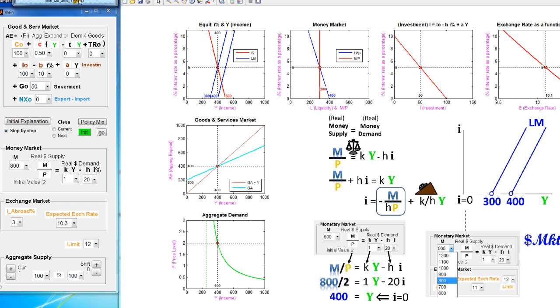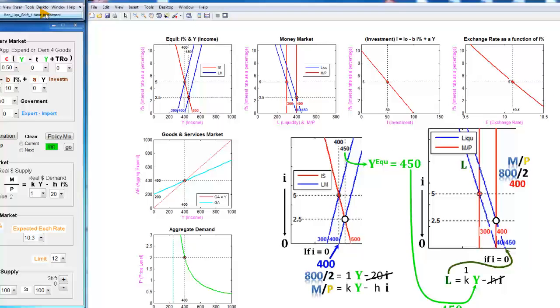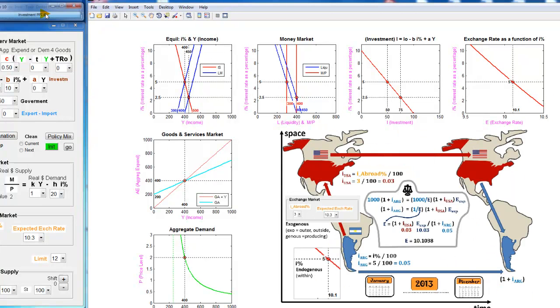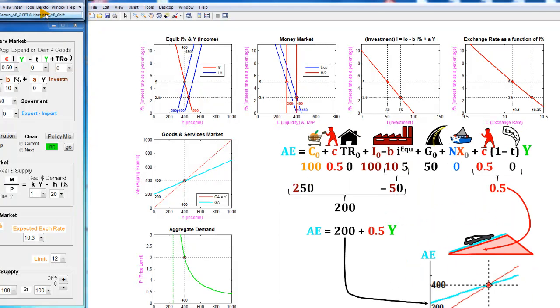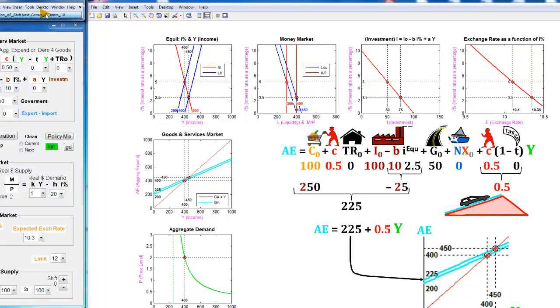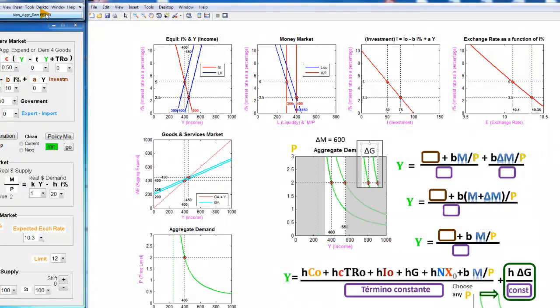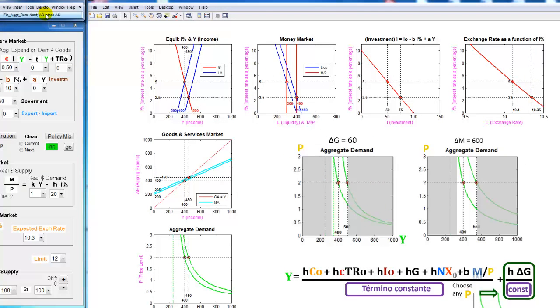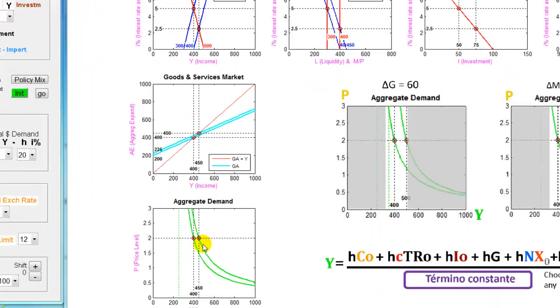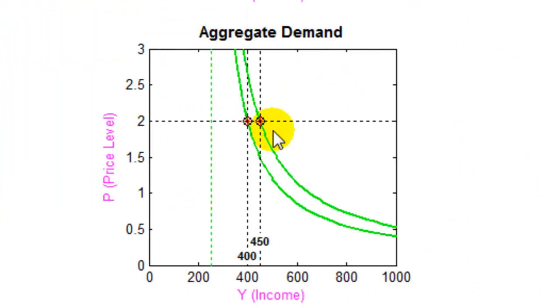So we go graph after graph until we get the point here. This is what we have seen in the previous video, that if prices are constant, then price is 2, then I pass from here to here. This is what we have seen in previous videos.